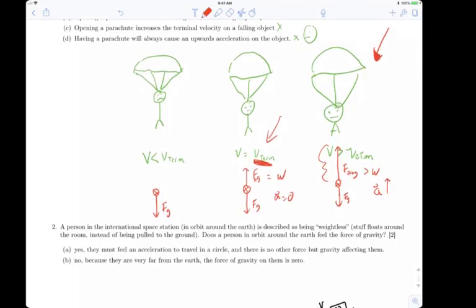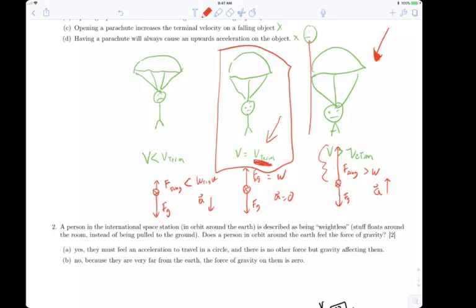But if you're slower than the terminal velocity, your drag force depends on your speed relative to the air. So if you're traveling slower, then the drag force is going to be smaller than gravity, and your acceleration vector is going to be pointing down. So in this case, you'll be moving at a constant velocity. In this case, you'll slow down.